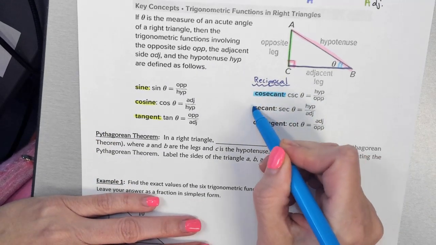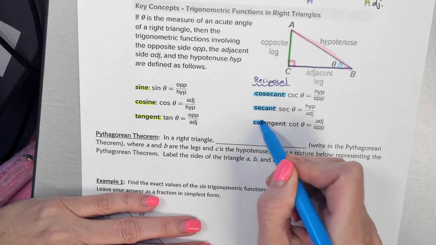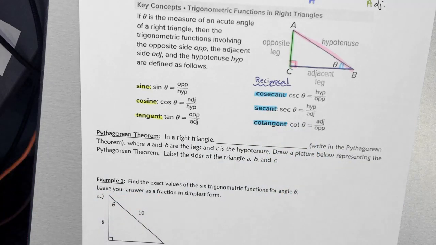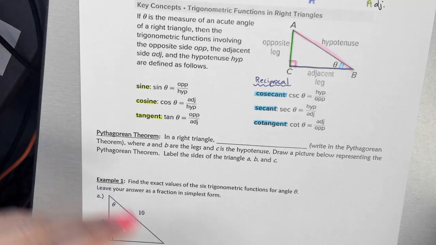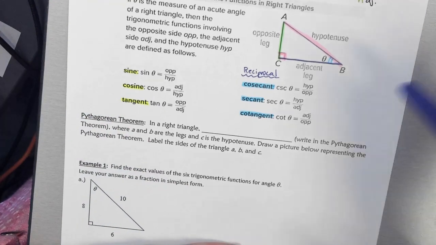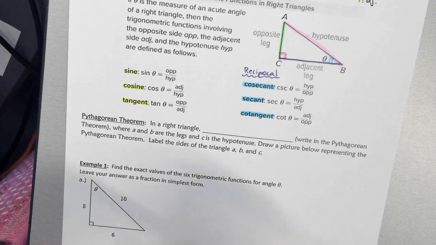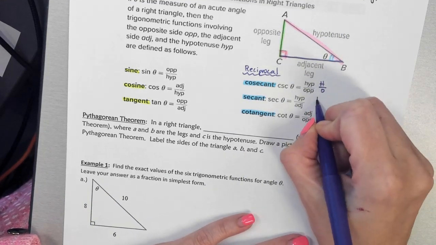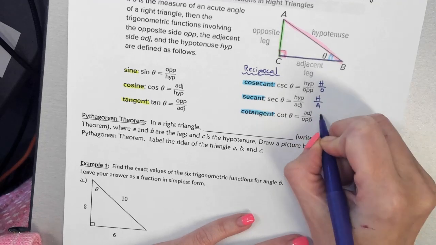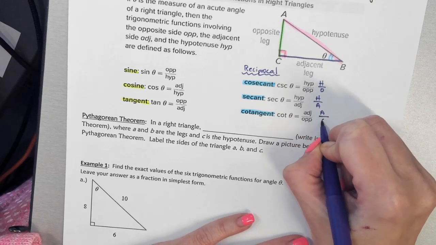Cosecant, secant, cotangent. And so you are just going to flip those. So it's H over O, it is H over A, it is A over O.